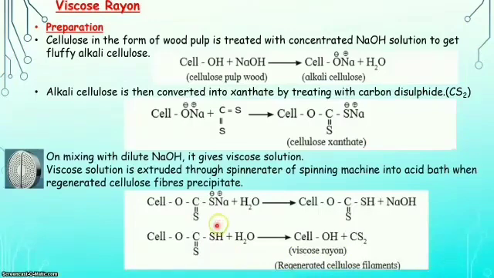During this hydrolysis process, that is by treating with water, cellulose xanthate loses NaOH as well as carbon disulfide and we get viscose rayon. This viscose rayon then further undergoes purification processes like washing, cleaning or bleaching, and then it is available for further application.